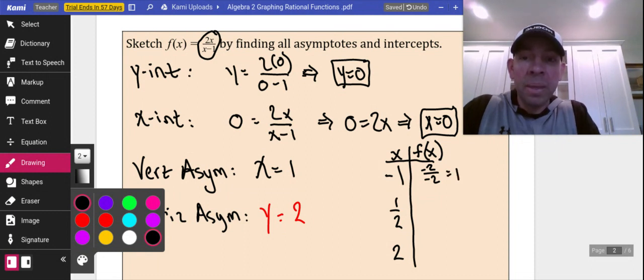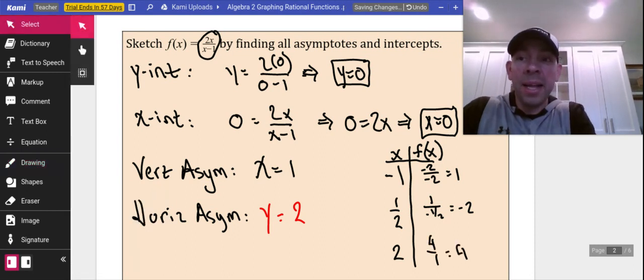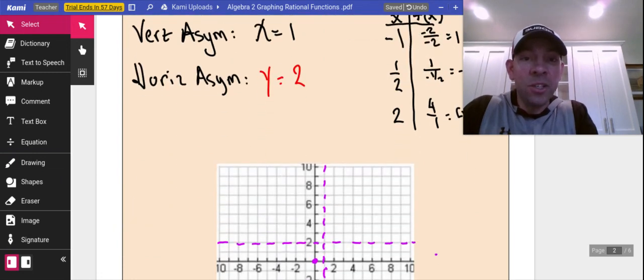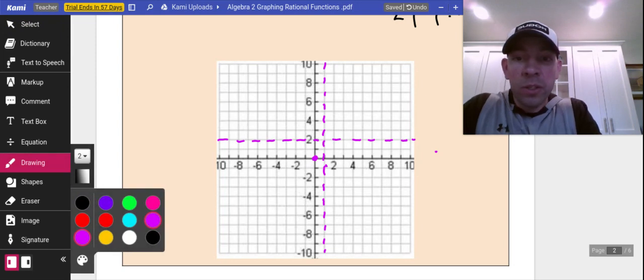When I substitute a 1/2, I get 1 divided by a -1/2, which makes -2. And when I substitute a 2, I get 4 divided by 1, which makes 4. So I'm going to plot those points in addition to what I already had. So let's see: (-1, 1), (1/2, -2), and (2, 4).